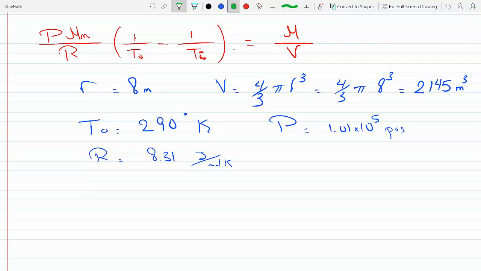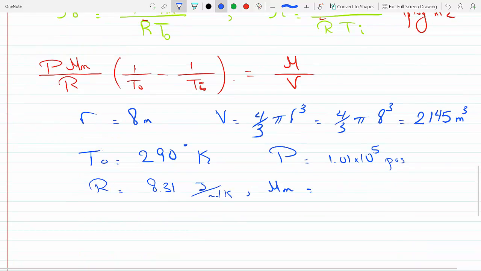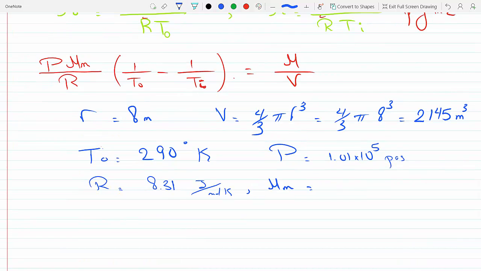Oh yeah, one more thing, big M, the molar mass of air, turned out to be 28.96 grams, so that's 2.90 times 10 to the minus 2 kilograms.